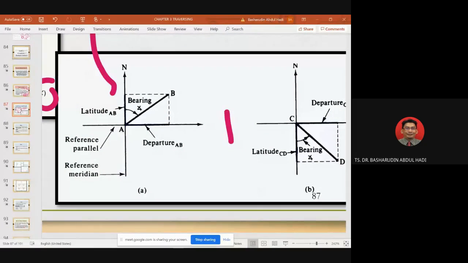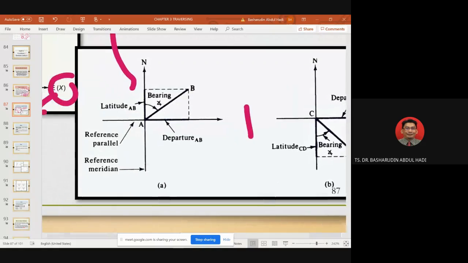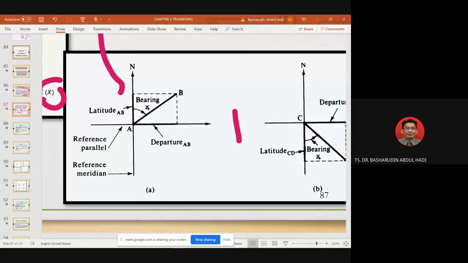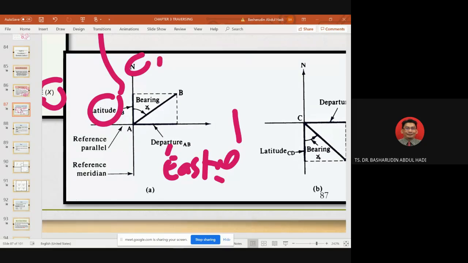This also shows you how we call it northing and easting, or latitude and departure. Departure is normally considered easting, east. So departure is easting. Latitude is northing.